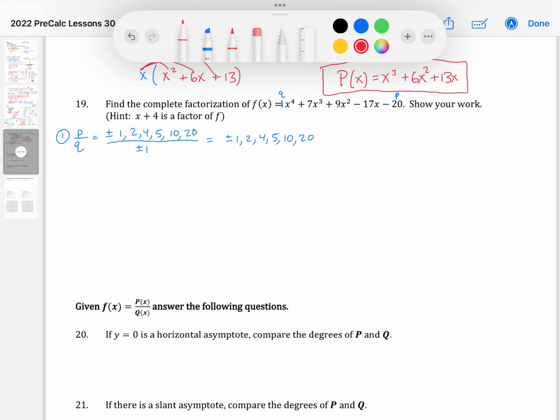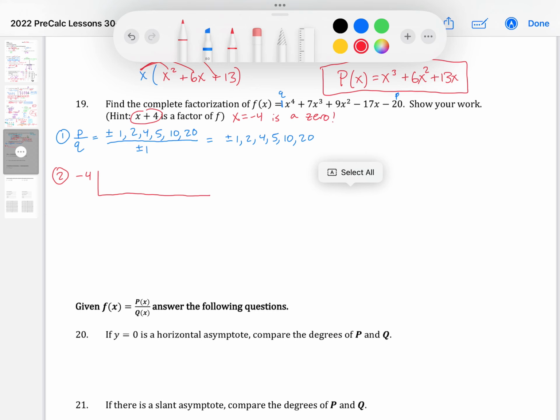But this hint right here is helpful. This tells me that x equals negative 4 is a 0. So when I start my synthetic division in step 2, I'm going to start with negative 4 because I know that's going to give me a remainder of 0.